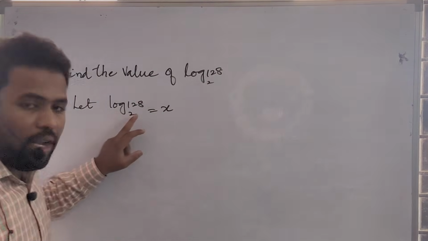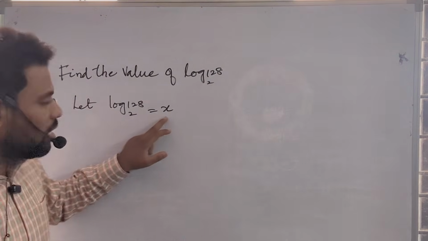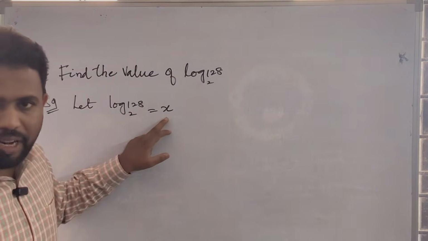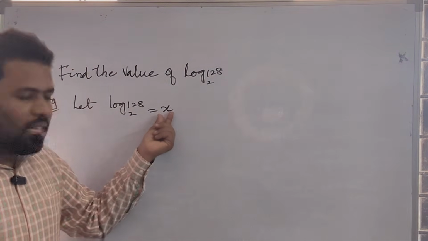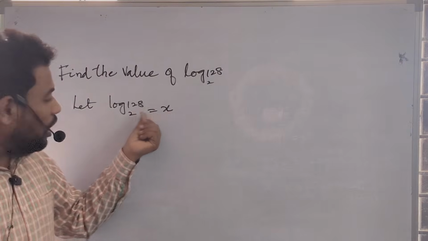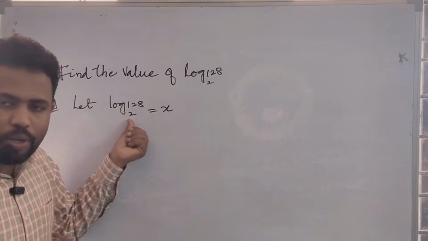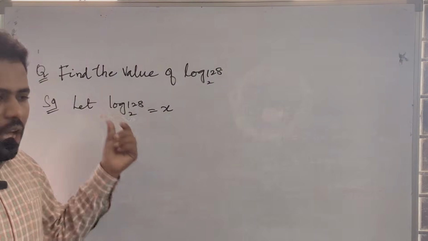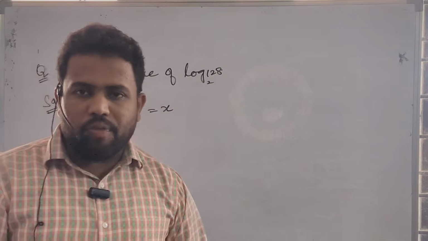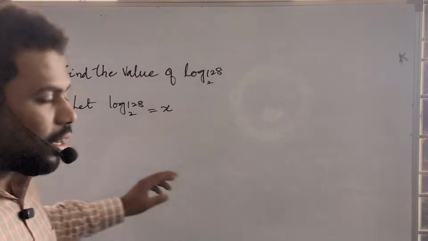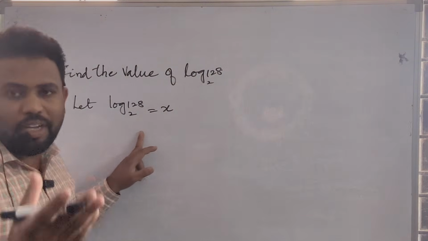I am assuming log 128 base 2 as x. We have to find the value of x, which is equal to the value of log 128 base 2. Now, to find the value of x, we will convert this logarithm form into exponential form.